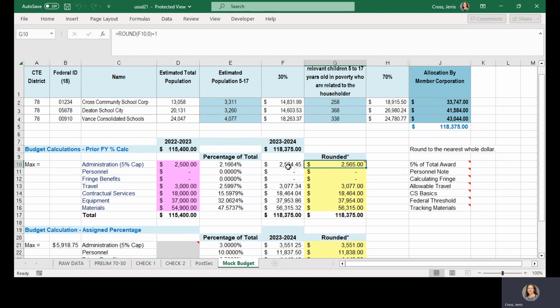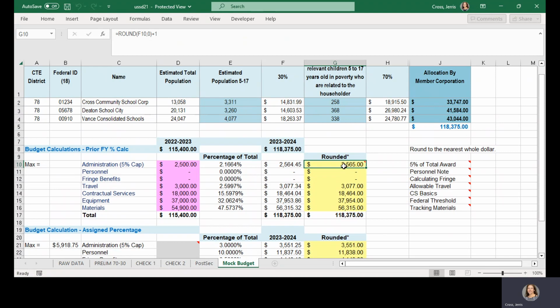You just need to double check that your administration rounding didn't put you over your 5% cap. If it did round it up, you'll have to reduce it back to the total of 5%. Please round everything to the nearest whole dollar. Even if you have to round down on administration, you can round up somewhere else in the grant.